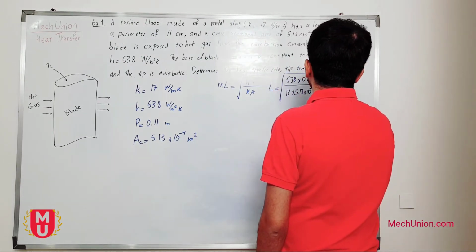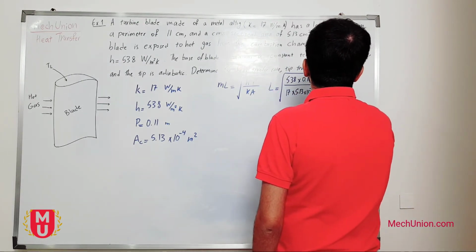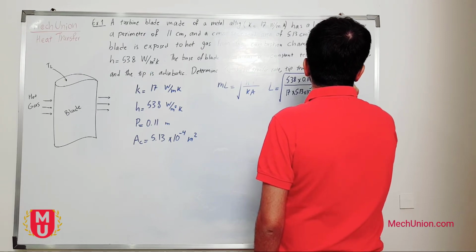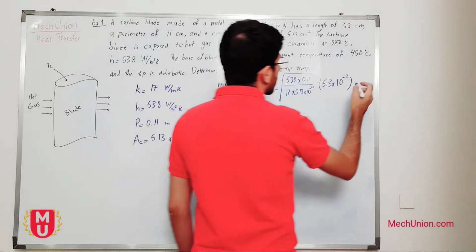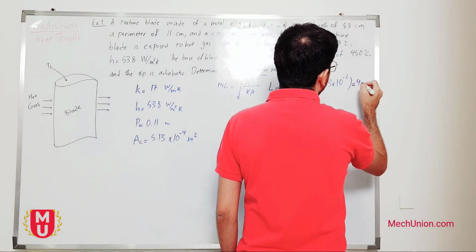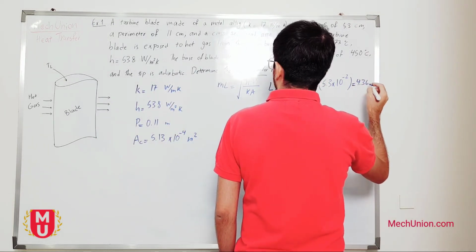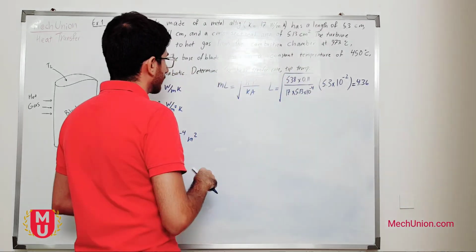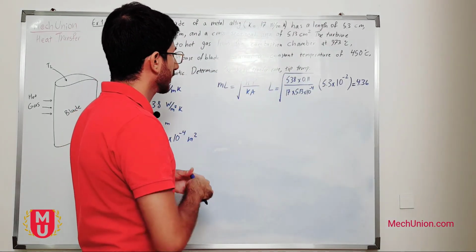It's clear. 5.3 times 10 to minus 2. This will conclude to 4.36. It doesn't have a unit.